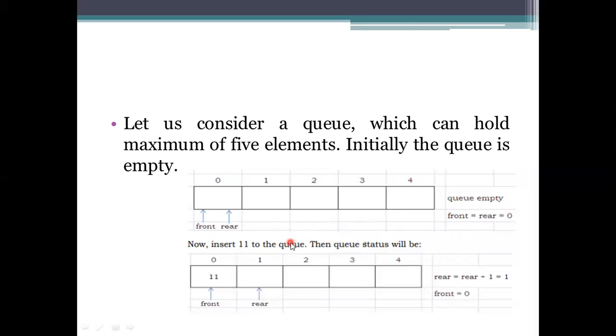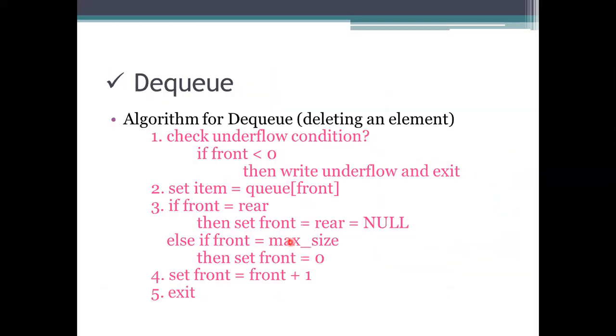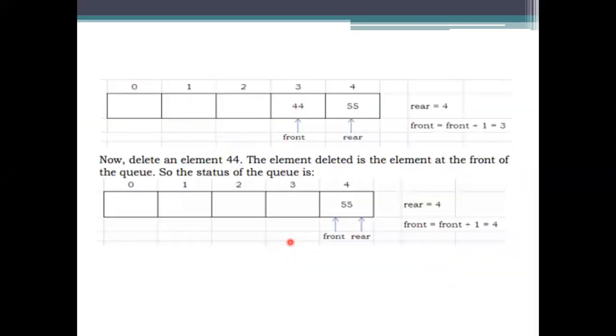So the front and the rear are specified as equal to null. Then the deletion operations will be stopped there itself, because there are no such elements to be deleted further.